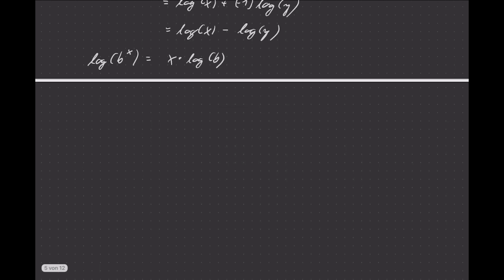Now, as far as the base is concerned, if you have a logarithm to a certain base, like log x to base b, then you can convert this to a logarithm of pretty much any base. By this rule here, that is the same thing as the logarithm of x over the logarithm of b, where you can use any base on the right-hand side. It just needs to be the same.